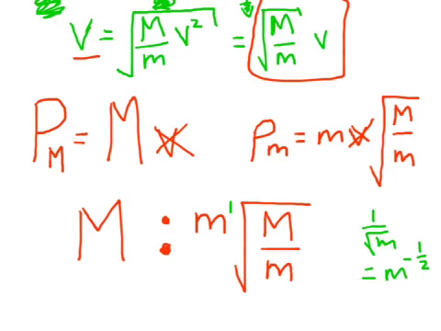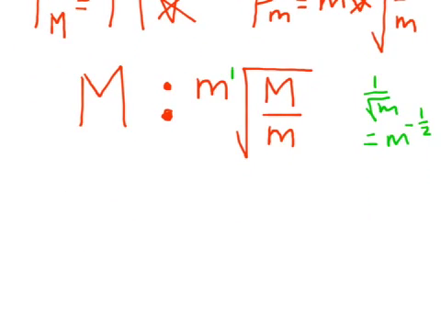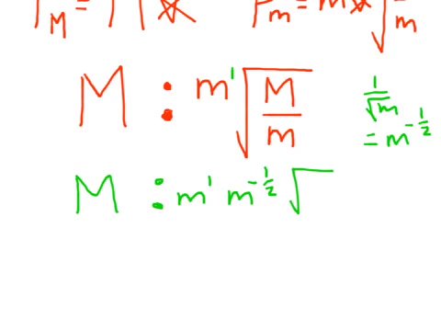This is 1 over square root, so it's to the negative of a half. So we might be able to do a little bit of cancelling there. Let's just rewrite this in a slightly more user-friendly way for that purpose. M to the 1 times m to the negative a half times square root of m. So we're mixing our notation, but this is going to help us cancel out some things.